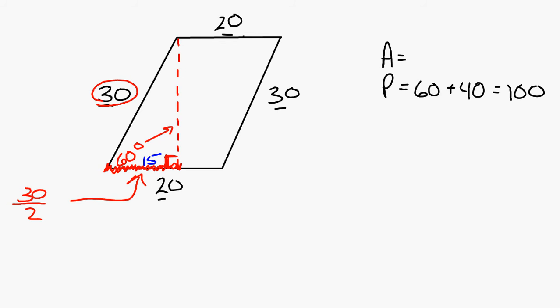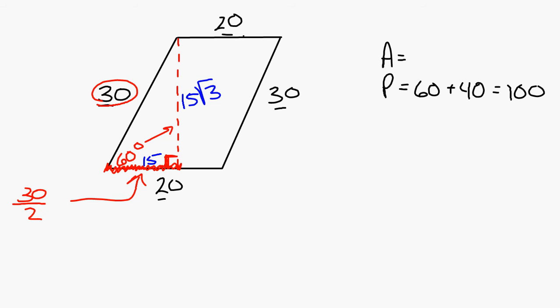In a 30, 60, 90 right triangle, the long leg, the leg across from the 60, is the square root of 3 times the short leg, which means that this height of this parallelogram would be 15 times the square root of 3. You can do that in your calculator: 15 times the square root of 3 is 25.98, so it's 26.